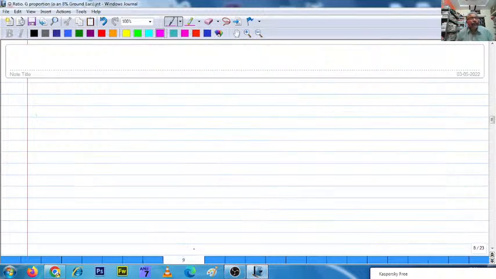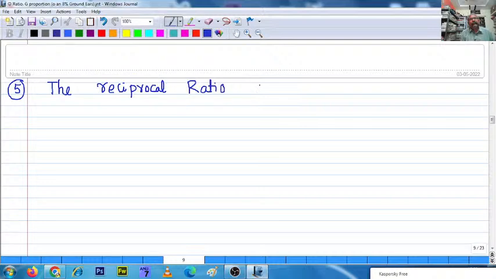One more problem we need to discuss, that is the fifth one, the reciprocal ratio of 5:7. So what is the reciprocal ratio? Let's have a discussion on that one. Let us recall the concept.